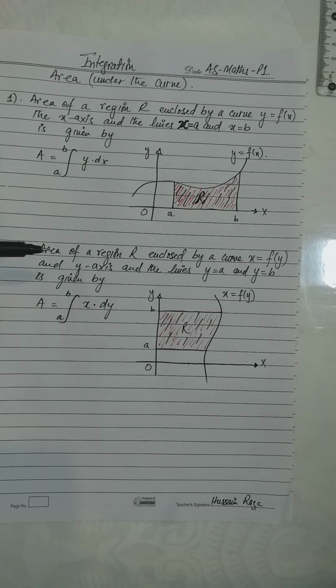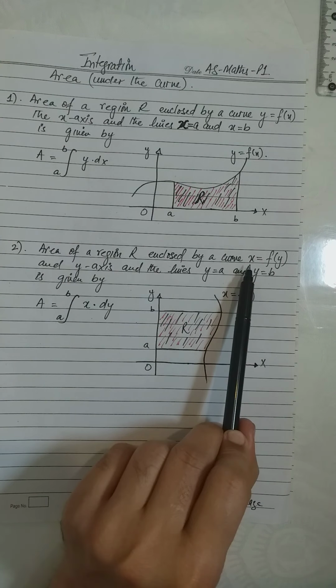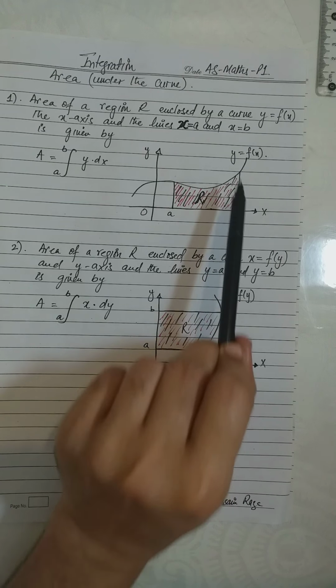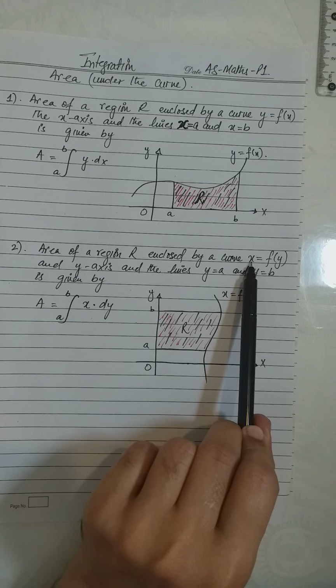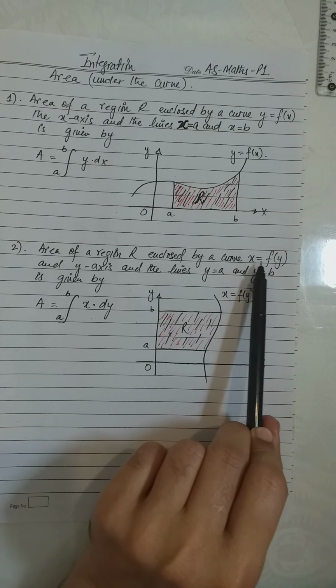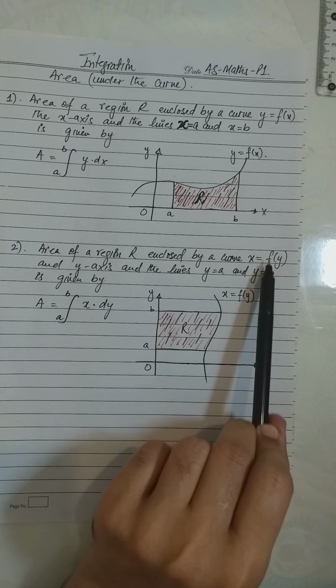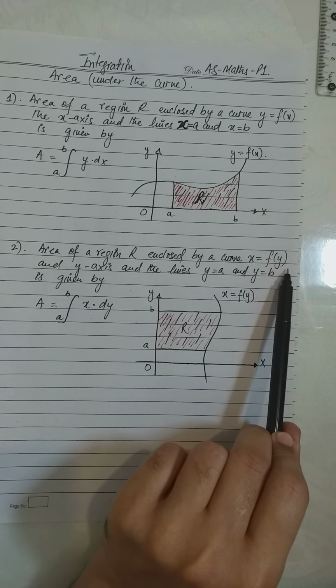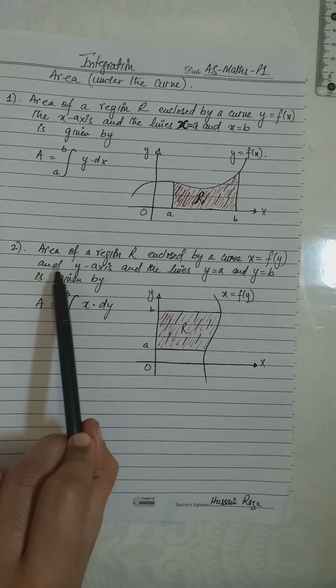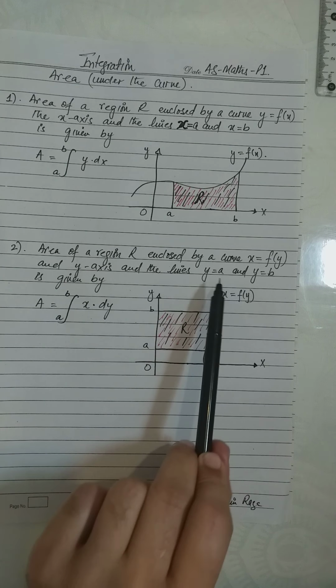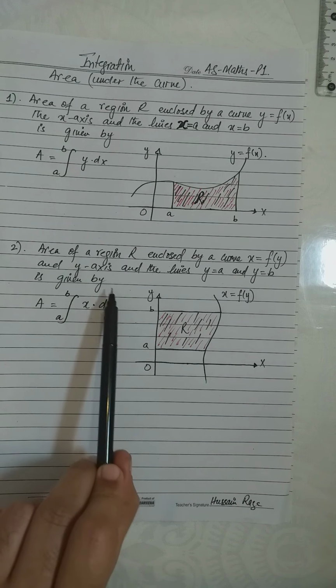The other case would be area of a region R enclosed by the curve. Over here the function is not y like it was over here, the function is x, and that equation x is given in the form of a function f in terms of y, and the y-axis and the lines y equals a and y equals b is given by this.